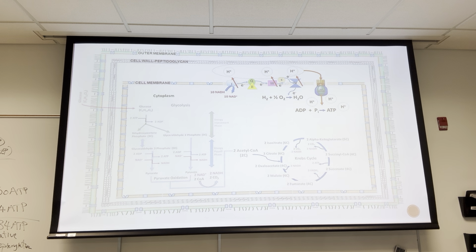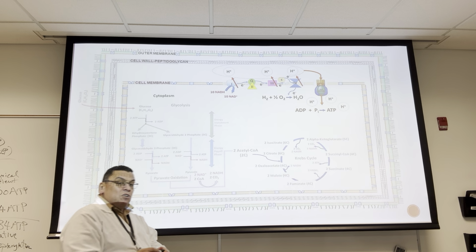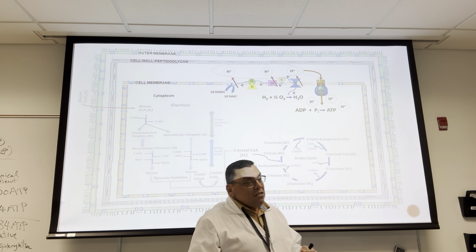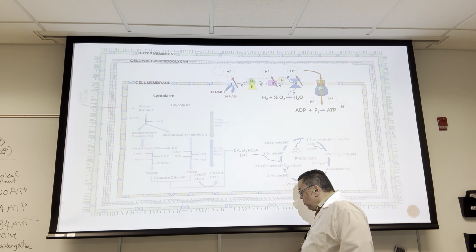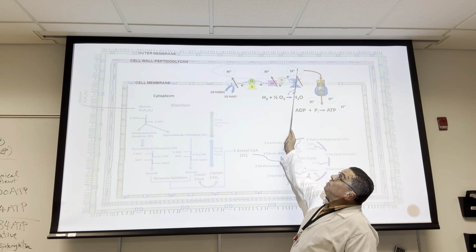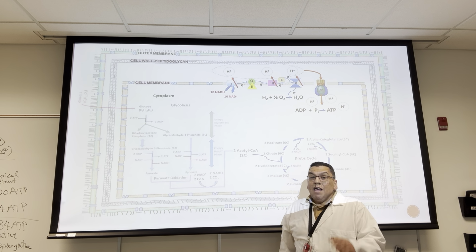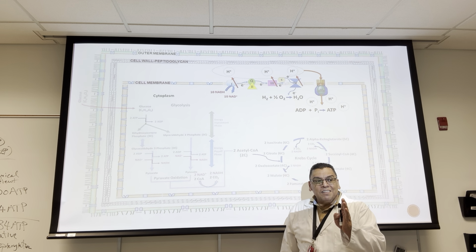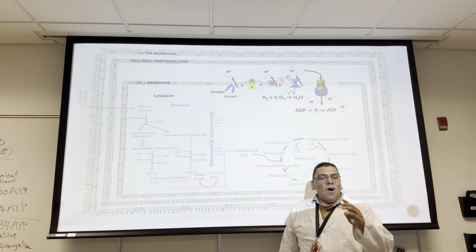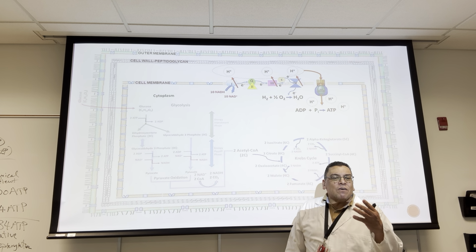Electrochemical gradient. A gradient means high concentration on one side, low concentration on the other side. Yeah, that is true. High concentration of hydrogen here, low concentration of hydrogen here. That's fine. But it's charged. So that's called an electrochemical gradient.